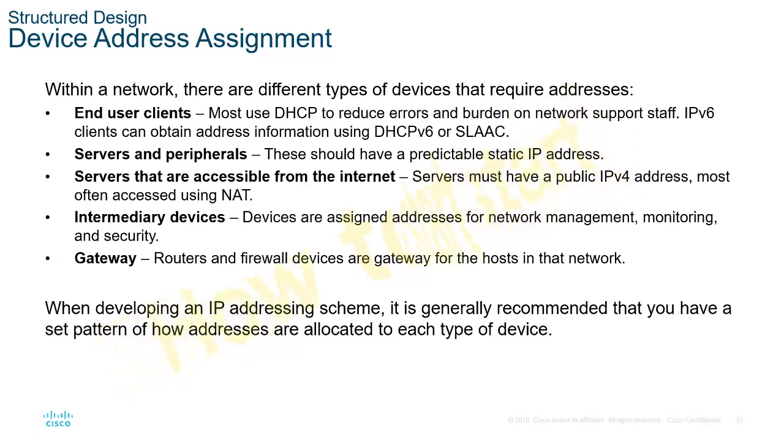If we're dealing with servers that are accessible on the internet, maybe we assign them a public IPv4 address, or maybe we assign them a private address statically and we map NATing to them. We have to make sure that we have intermediary management security devices that allow our devices to communicate. All of these have to go into our network planning.